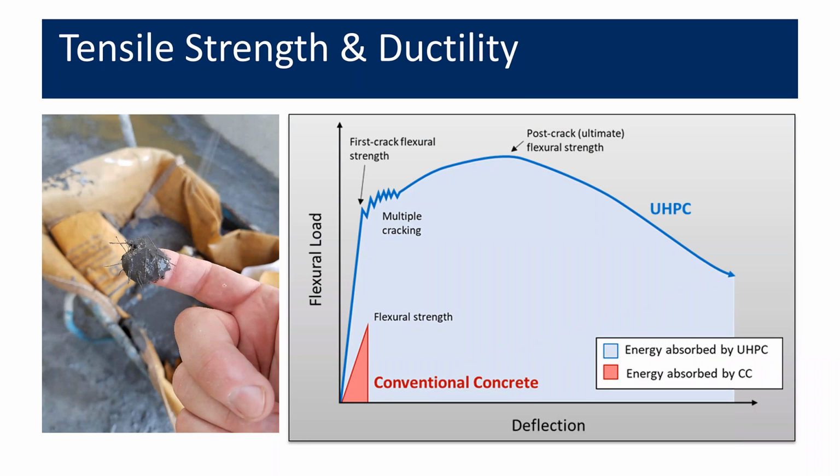But even after we get those cracks, the fibers hold those cracks together, absorbing energy as the UHPC continues to deform. And the area under the curve represents that energy, in this kind of a plot. So you can see how much larger the blue area is, representing the UHPC toughness, compared to the red, which is a conventional concrete.